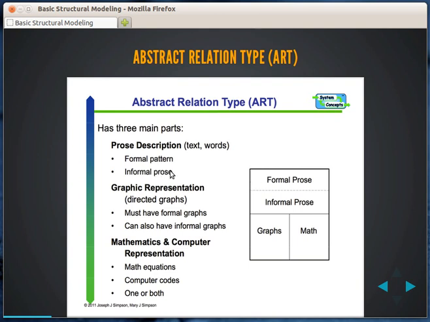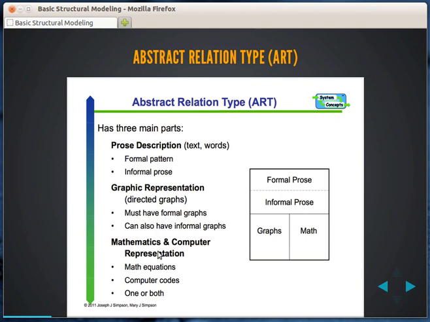Abstract relation type is formed around Warfield's idea of a language that has three equivalent components: the prose description, the graphics description, and the mathematics or computer representation.